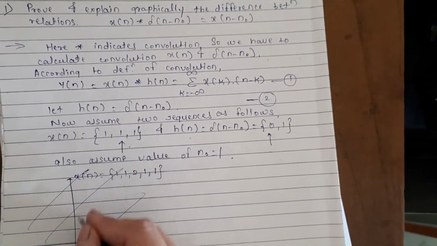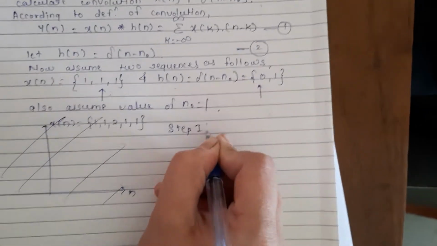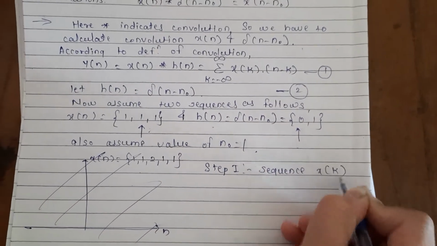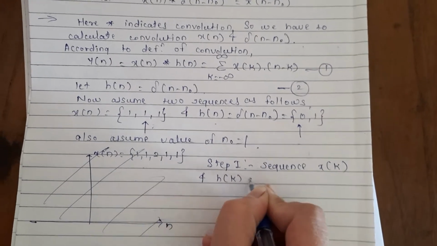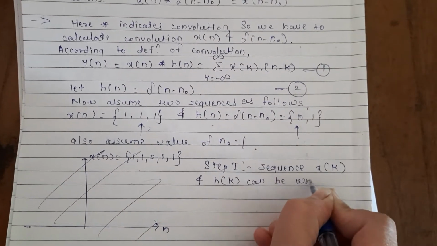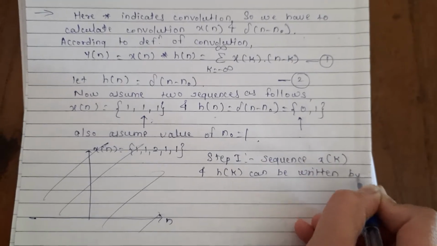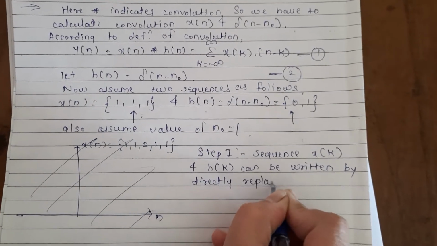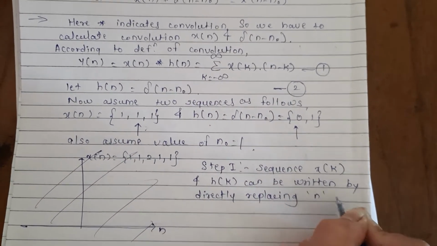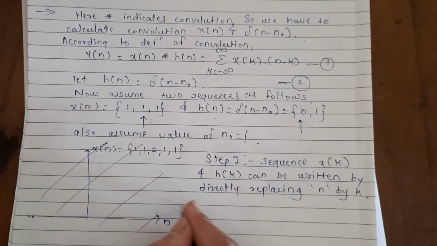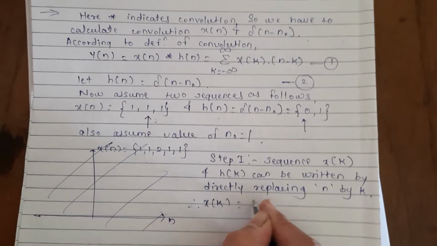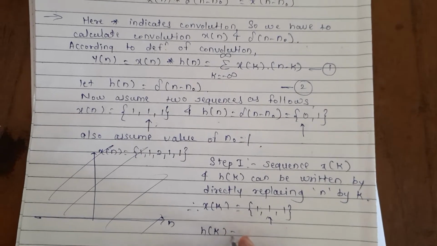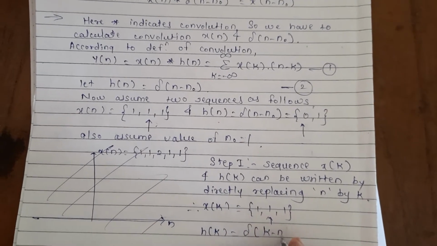First we write here step 1. Step 1: the sequences x of k and h of k can be written by directly replacing n by k. So we write x of k is equal to 1 1 1 and h of k is equal to delta of k minus n0.